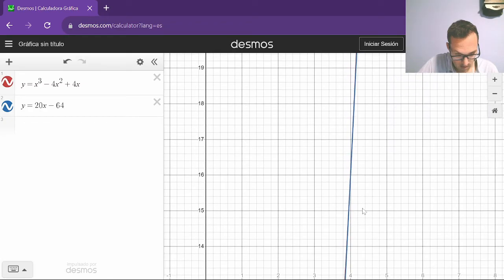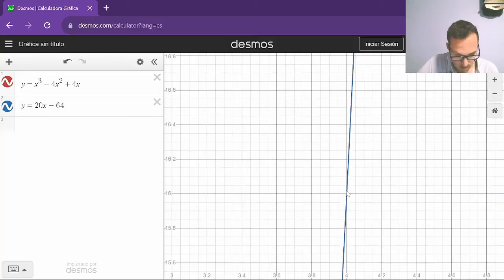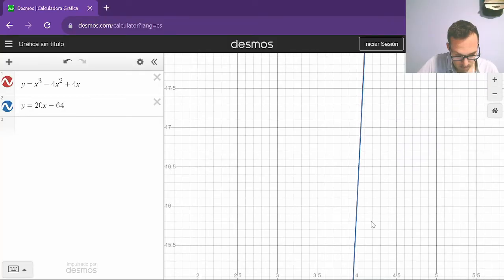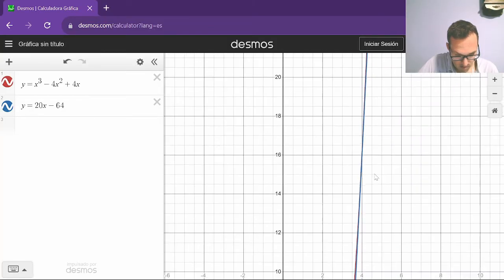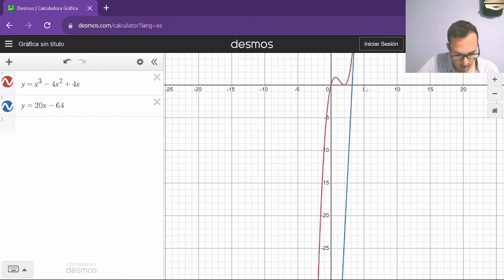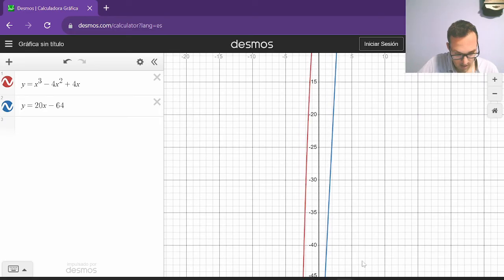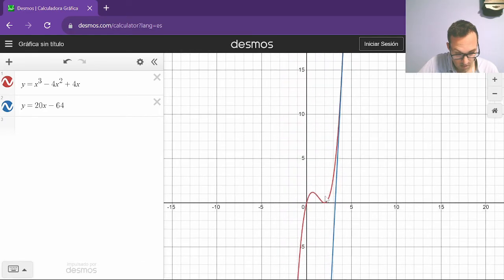You see, there's a blue line, touches it there. It's very hard to see, but there we go. Maybe it's better if I zoom out a little bit. Okay, so you see that blue line is the tangent, and at x equals 4 it touches it, so it's a line with a very steep gradient, and it passes the y-axis way down there. Okay, we need to find the equation of that blue line.